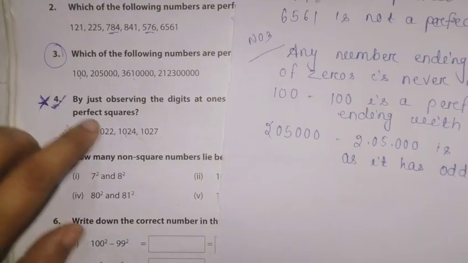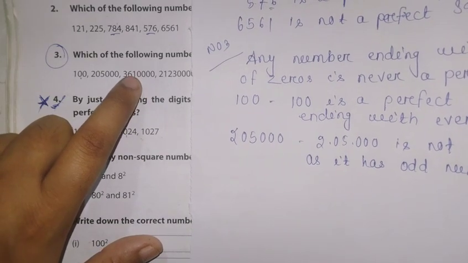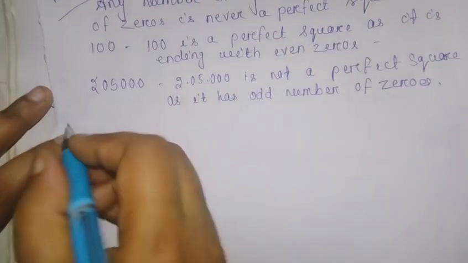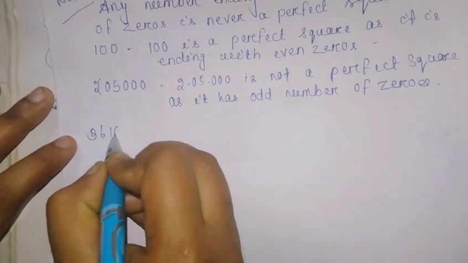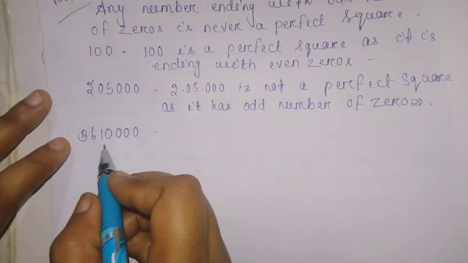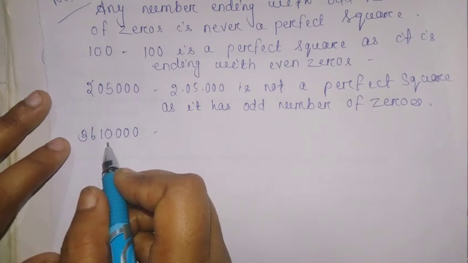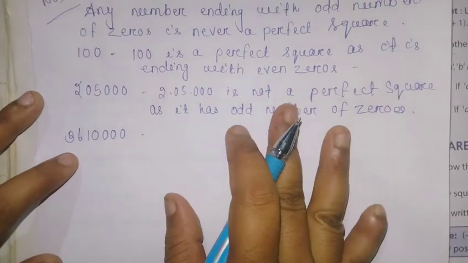Then we solve 36,10,000. 36,10,000 is a perfect square and has an even number of 0s.